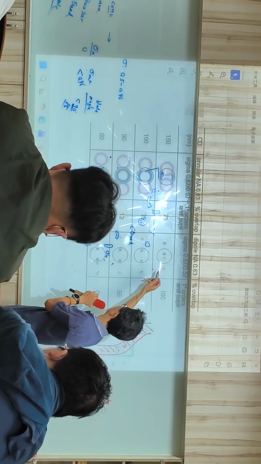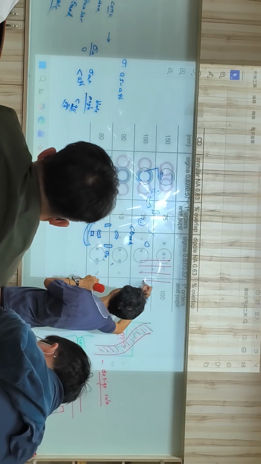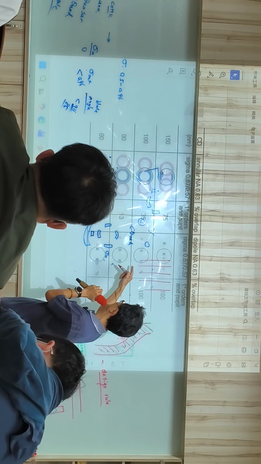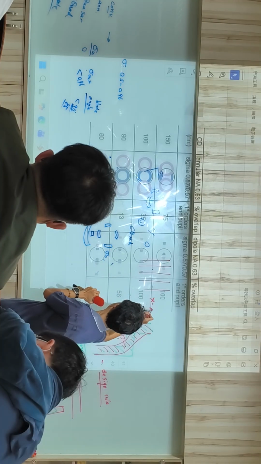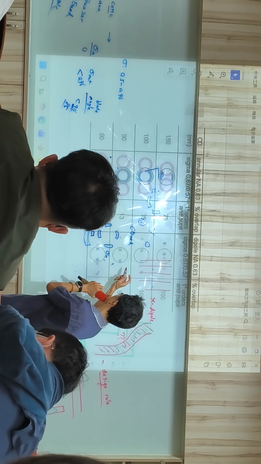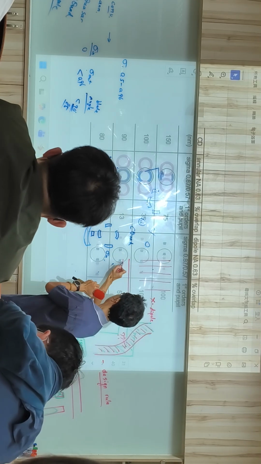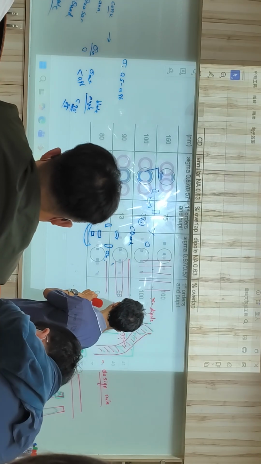It means this one is only good for this direction. X dipole is only good for vertical lines. This is X dipole. And if we want to do the horizontal lines, we need to use a Y dipole.